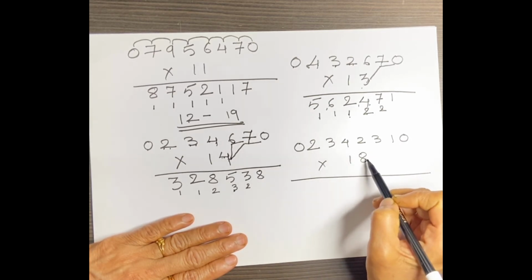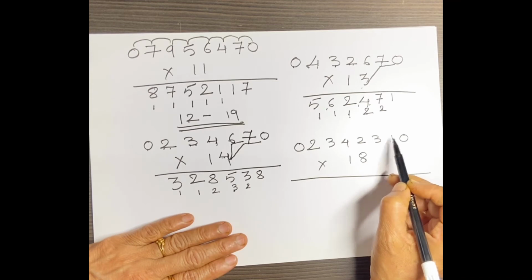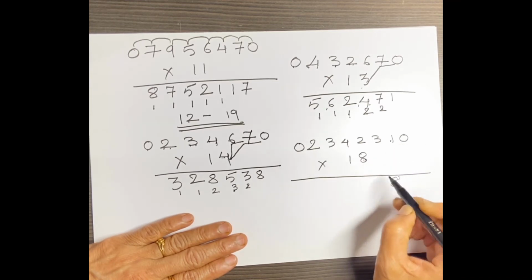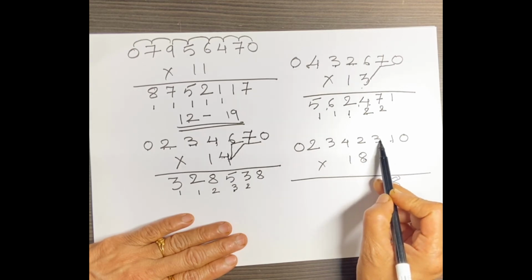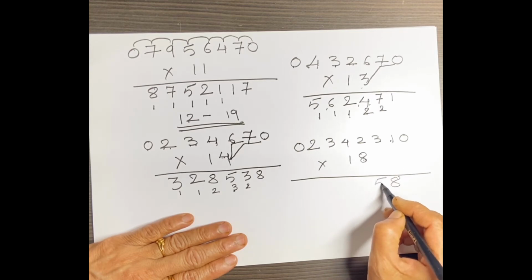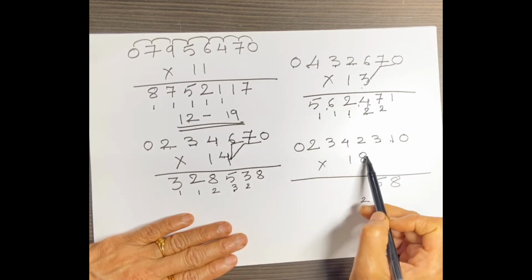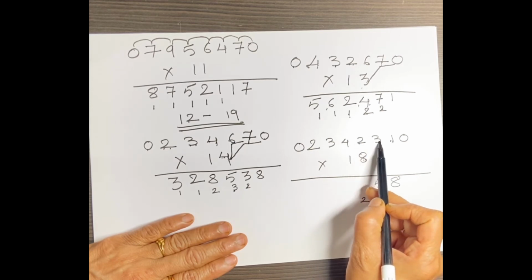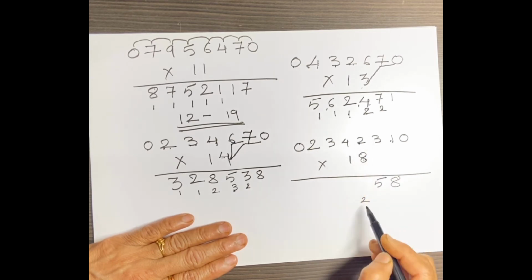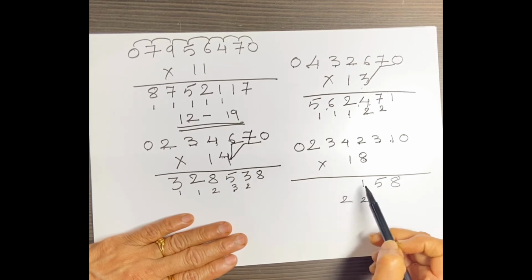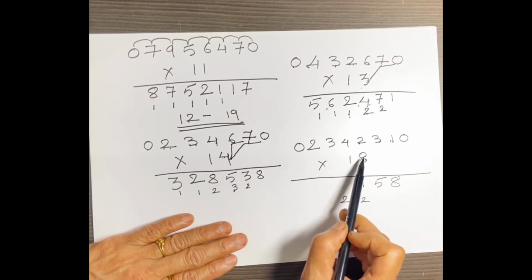Start multiplying by 8. 8 ones are 8, go back and add, 8 ones are 8 plus 0, 8. 8 threes are 24, 24 plus 1, 25, so 5 and 2 will be carry over. 8 twos are 16, go back and add the number, 16 plus 3, 19, 19 plus carry over 2, 21, so 2 carry over and 1 units place.